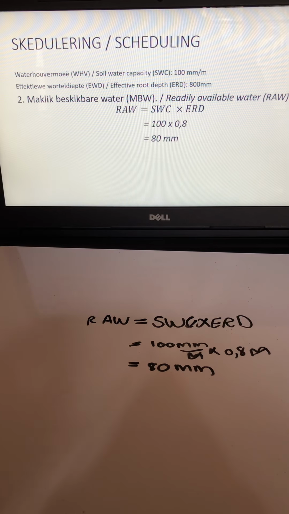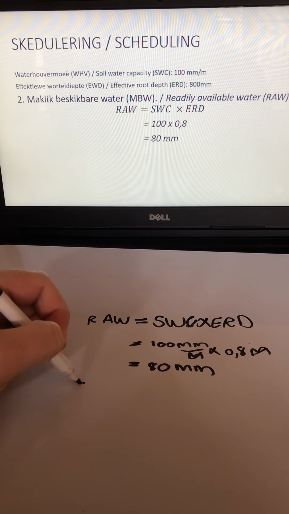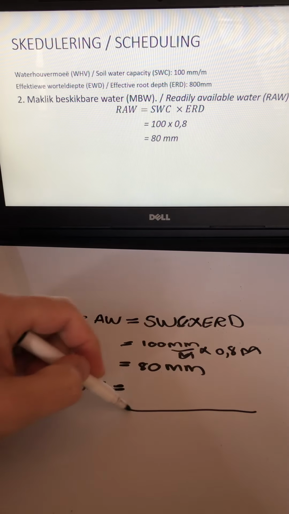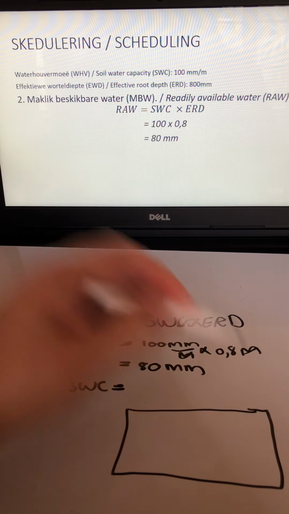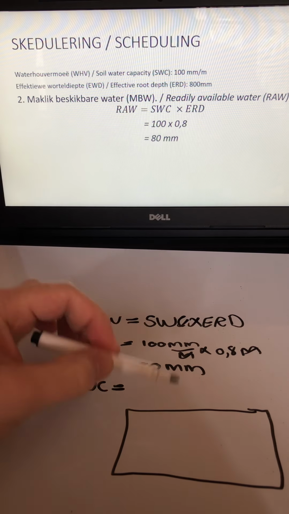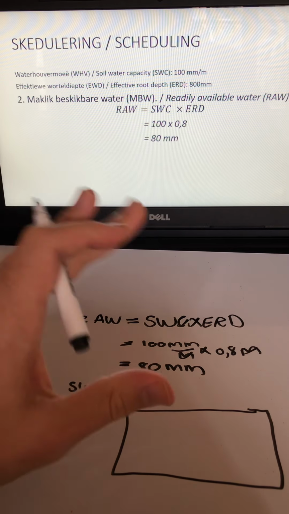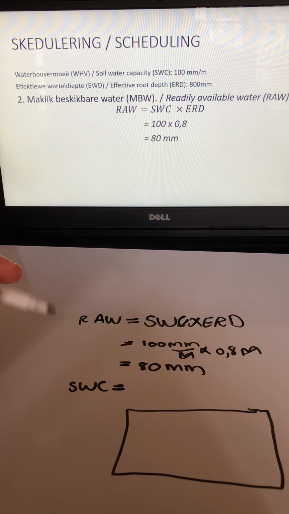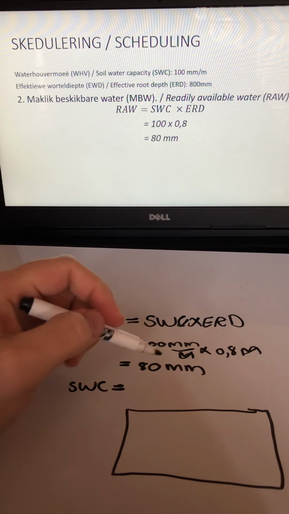So just to make sure everyone understands what this means, soil water capacity is if you've got a block of soil, it refers to the amount of water in this whole block between field capacity and permanent wilting point. So simply put, between full and empty.